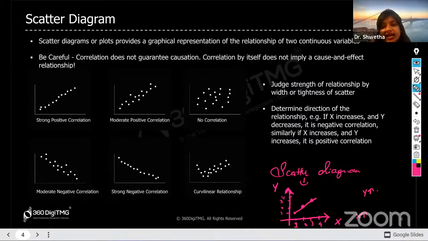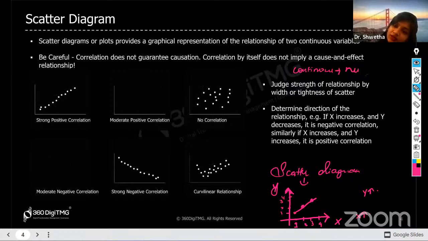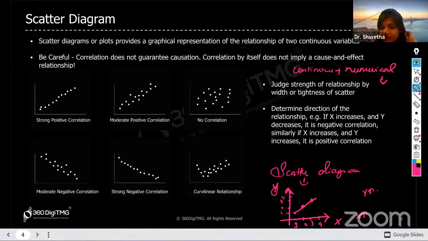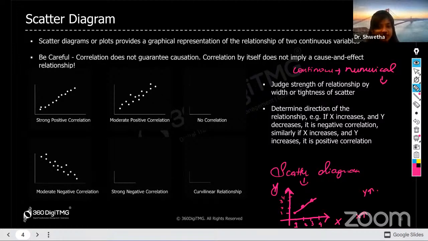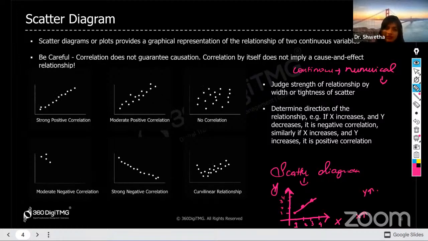This is how you can find the relationship between two continuous variables with the help of a scatter diagram. When I say continuous variables, it is numerical data that when expressed in decimal format also makes sense. So usually regression analysis is for continuous data.